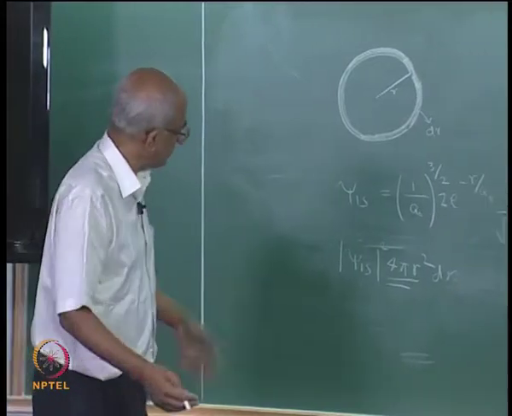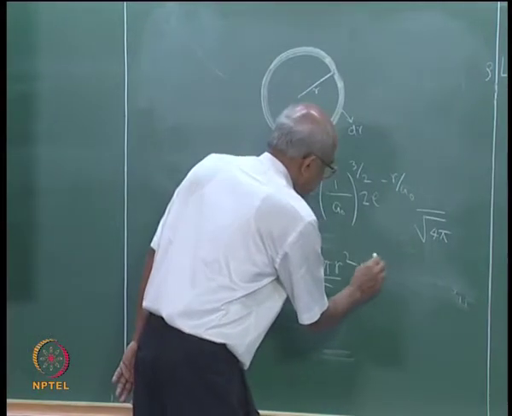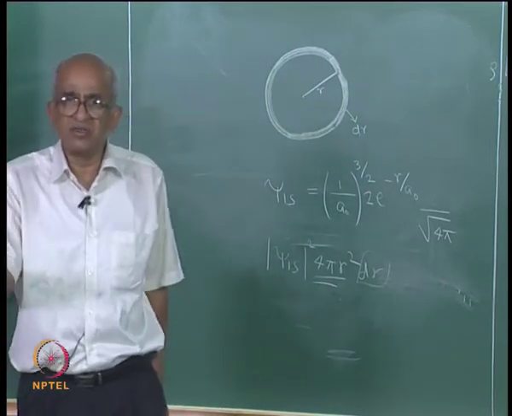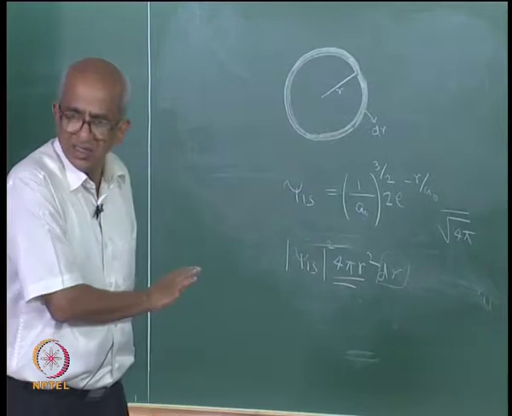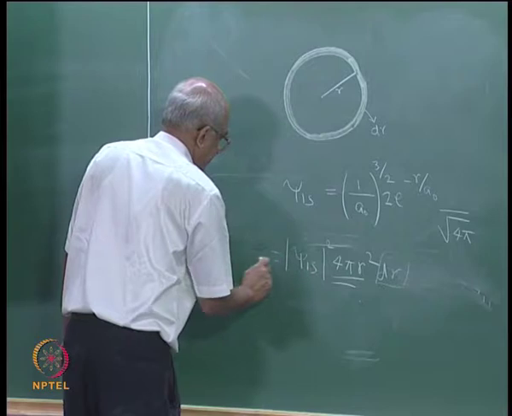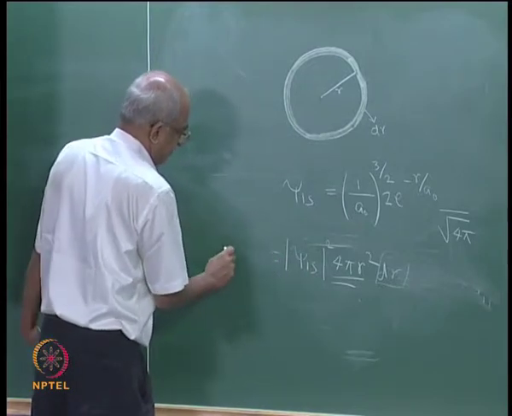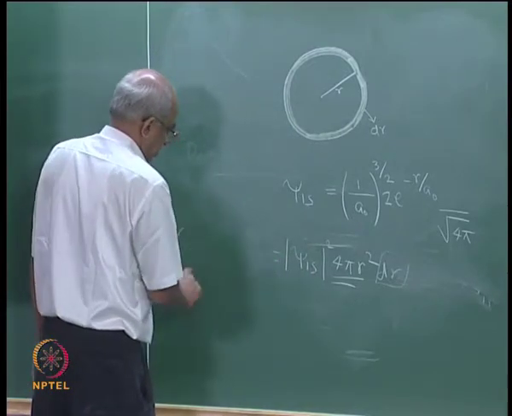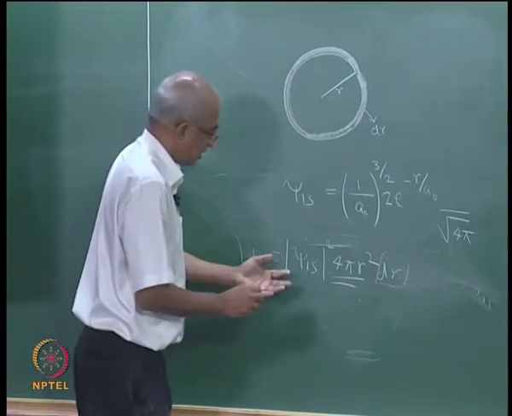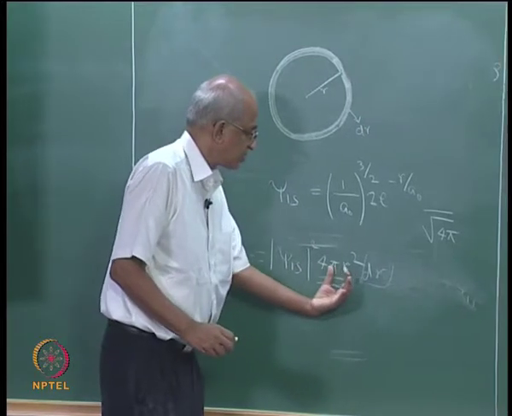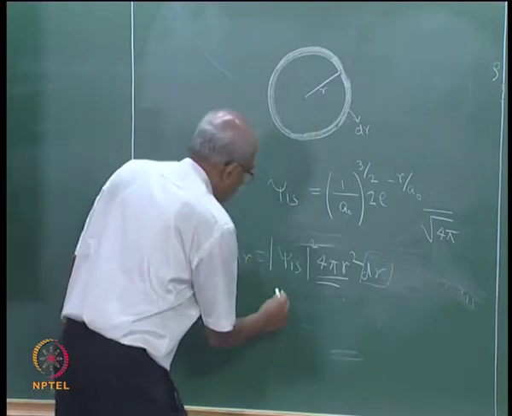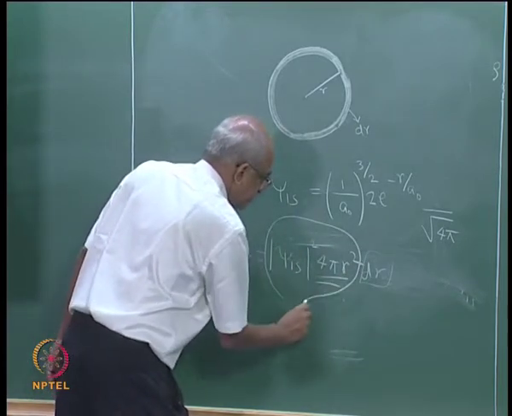It is not at all surprising that there is this dr, because if the spherical shell thickness increased, the probability has to increase. So, therefore, the dr has to be there. So, I am going to define some function. What do I call it? That thing multiplied by dr is actually equal to psi 1s square 4 pi r square dr, and therefore, I can define this object to be a function that is interesting.